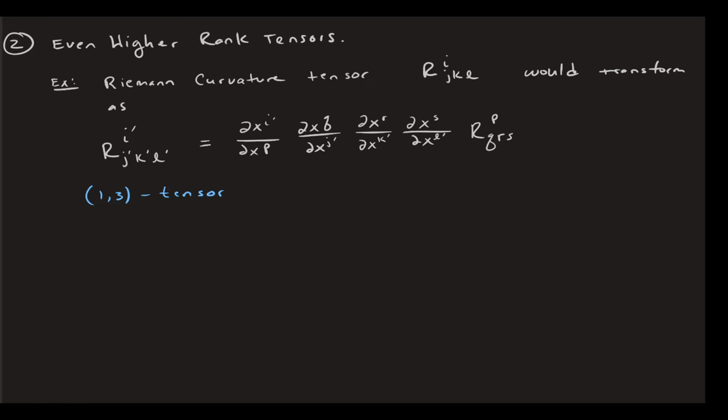There's another form of the curvature tensor, with a slightly different name, and it has all 4 indices down, so it'd be a covariant 0-4 tensor. We'll talk about how to raise and lower indices when we get to chapter 5. But for now, that's all we have for the Riemann curvature tensor.